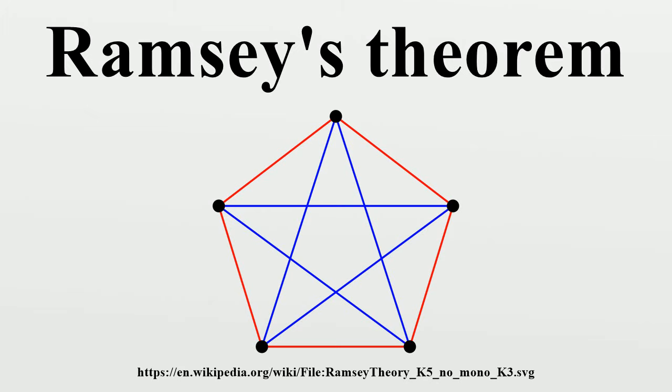Suppose the edges of a complete graph on 6 vertices are colored red and blue. Pick a vertex v. There are 5 edges incident to v and so at least 3 of them must be the same color. Without loss of generality we can assume at least 3 of these edges, connecting the vertex v to vertices r, s and t, are blue.